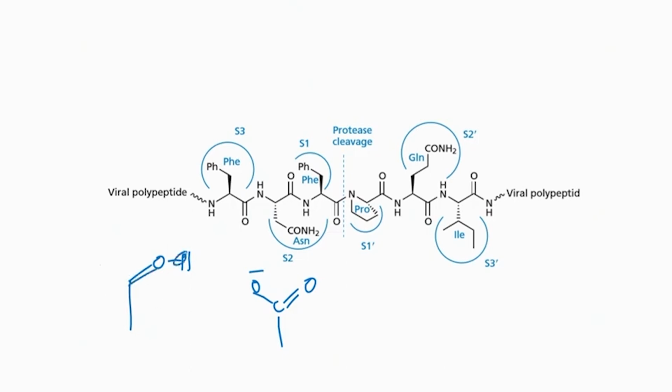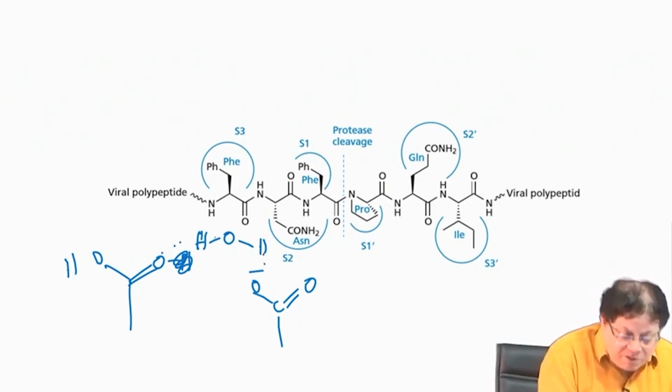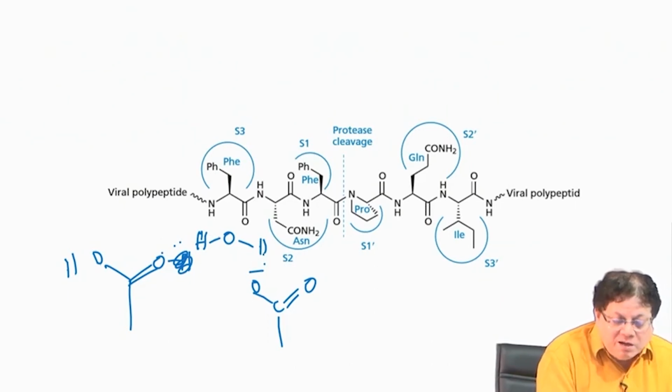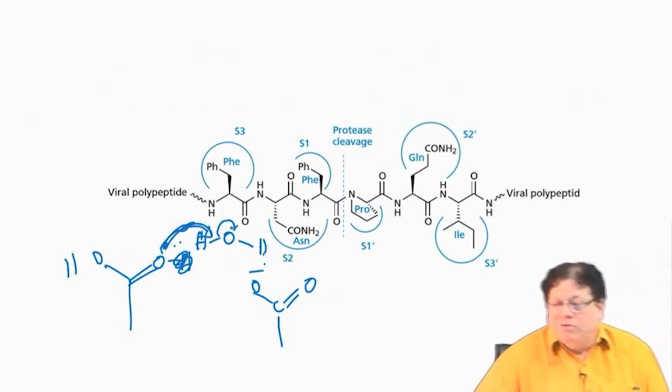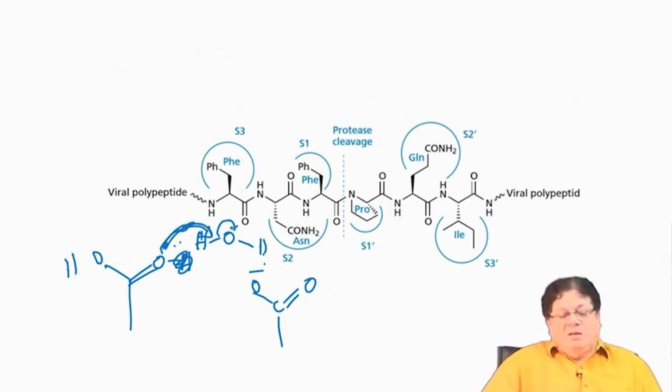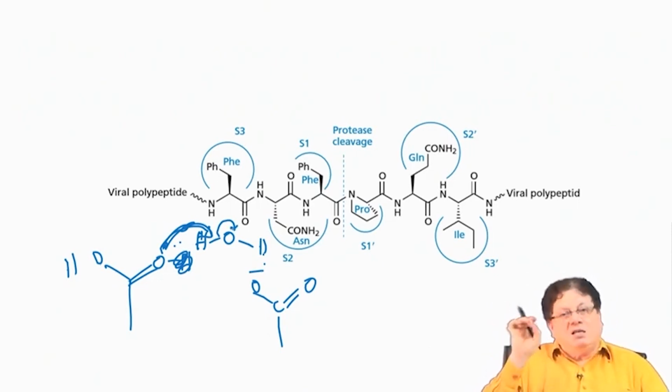The water is held up by the aspartate. The aspartate helps the water to remove the hydrogen, thereby increasing the nucleophilicity of water. So that attacks the carbonyl of the peptide. So it is an aspartyl protease.